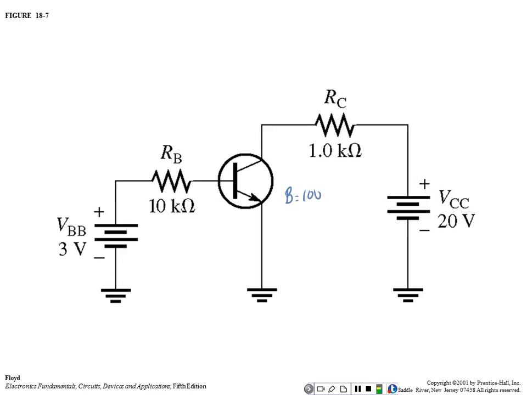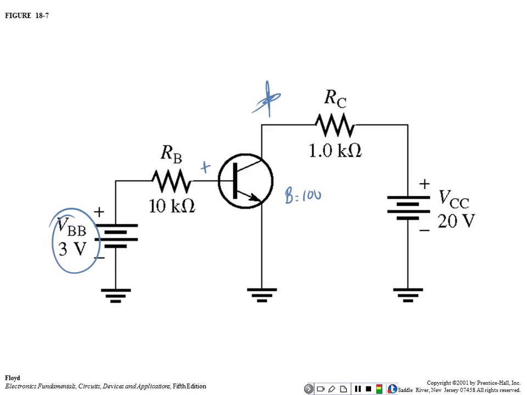Right, NPN. Do I have a positive on the base? Yes, I do. Only 3 volts though, right? Do I have a positive on the collector? Yes, I do, but it's a lot more positive than the base, right? There's 20 volts available on my collector power supply and only 3 volts available on my base supply. So the transistor has the ability to be turned on. Is this voltage right here greater than 0.7 volts? So this guy here is turned on, right?